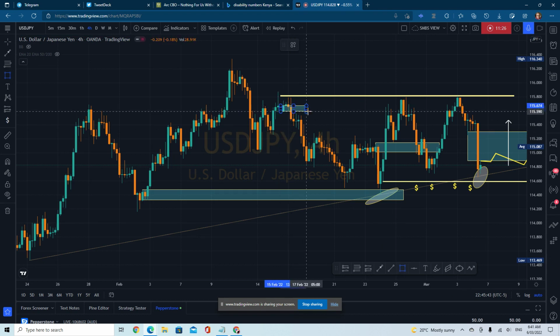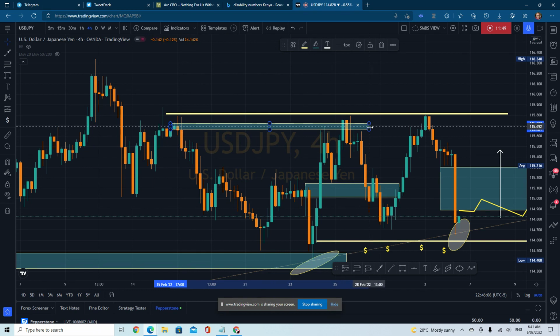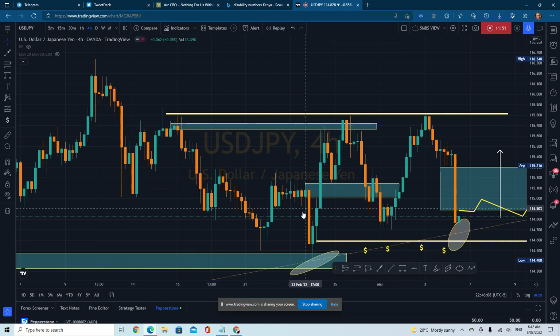This was an order block here before price came down. Or alternatively, you can use the last up candle before price came down. So you can use that as an order block. Before price decided to go into a sell, there's this order block that was left here. But what happened is the market came back later on and filled this order block.